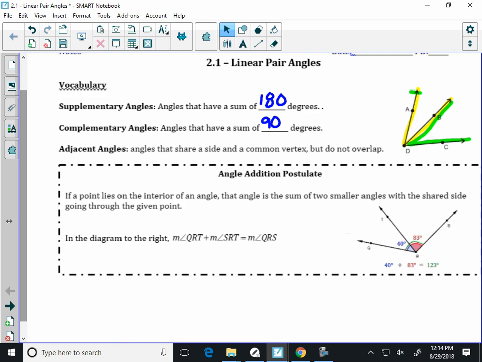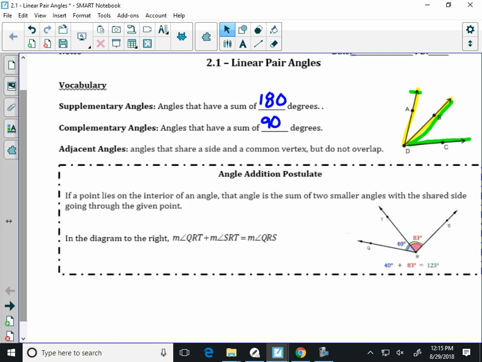And here's the formal fancy phrasing of this postulate. We'll get into the unfancy meaning. It says if a point lies on the interior of the angle, and interior means the inside, so if a point lies on the inside of an angle, that angle is the sum of the 2 smaller angles with a shared side going through that given point.